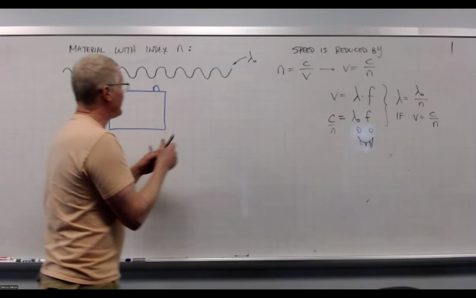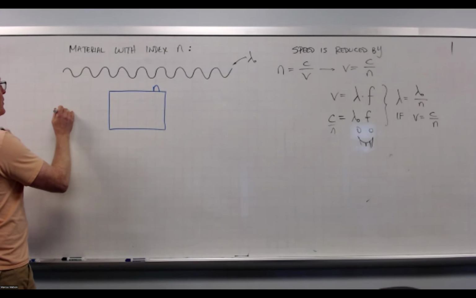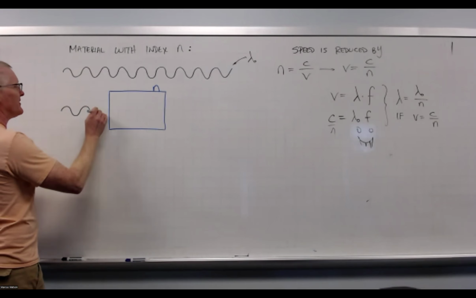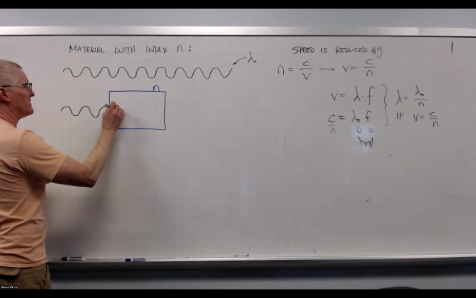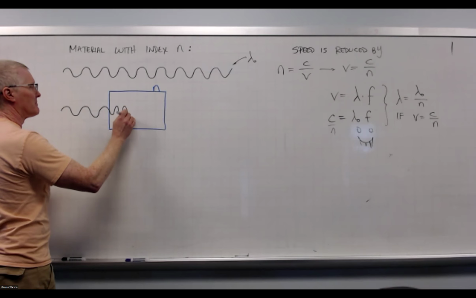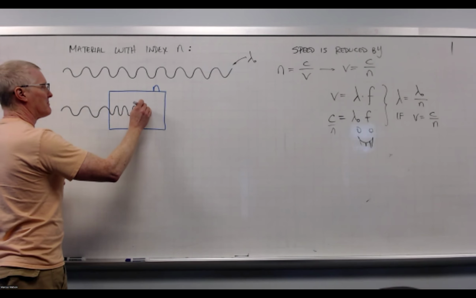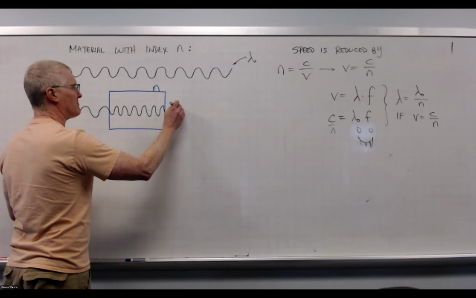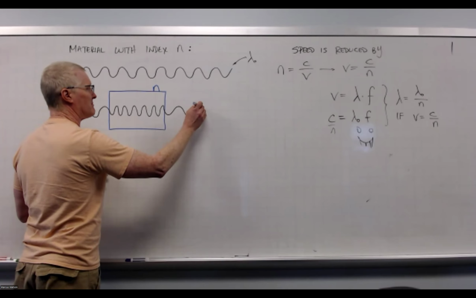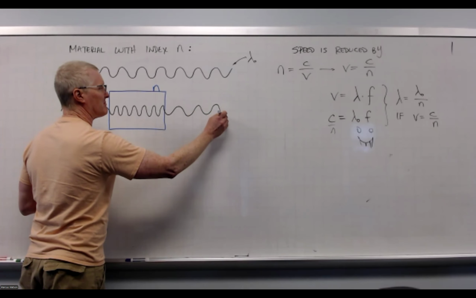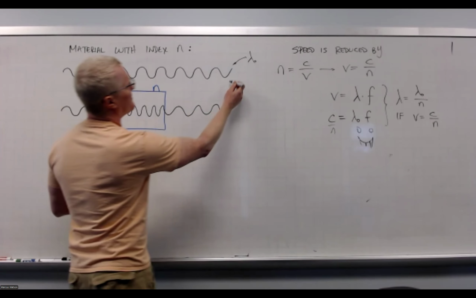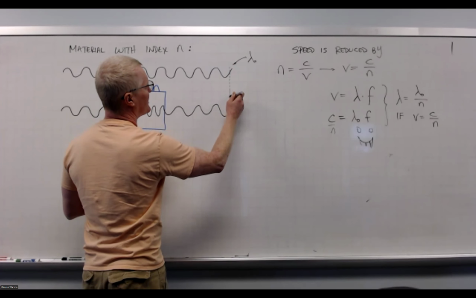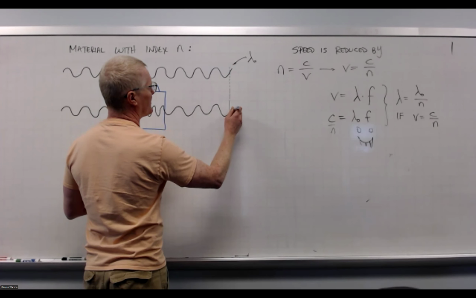So if I draw it like this, I'm going to get a wave that starts here and goes like this and then goes like this. And if my screen is right here, what kind of interference are we getting?